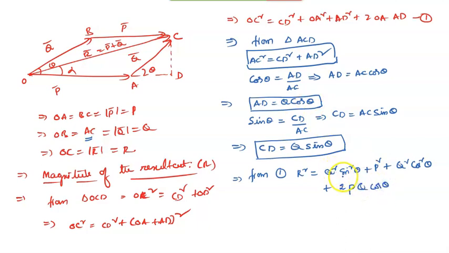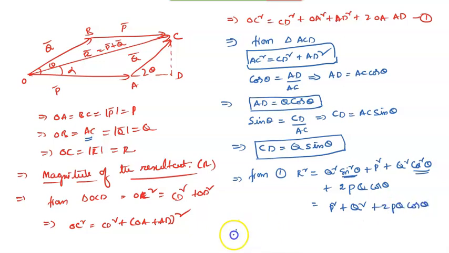If you take Q square common in these two terms, Q square into sin square theta plus cos square theta is 1. Therefore, R square is P square plus Q square plus 2PQ cos theta.